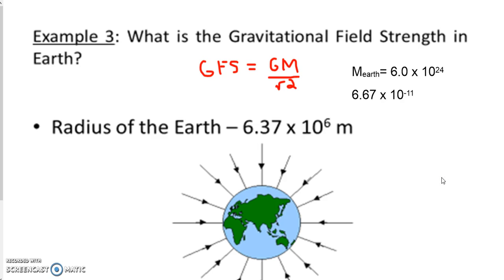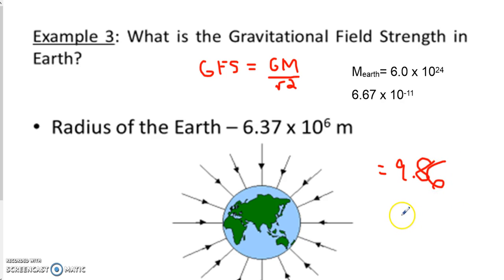Okay, so all we're doing is we take these numbers and we plug them in, and when I do this I get an answer of... here are my clicks here, so 6.67 E negative 11 times the mass 6... So after all that clicking in, I get 9.86.